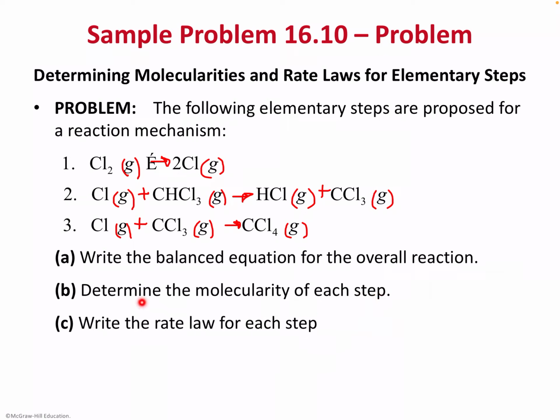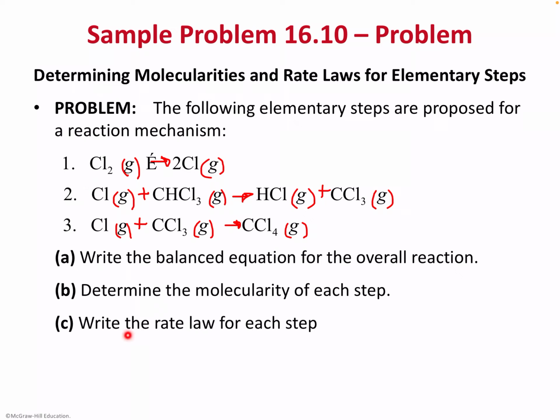Now let's look at the molecularity of each step. For the first one, 1 mole of Cl2 giving you 2 moles of Cl. What is the molecularity of this reaction? So this step is unimolecular, right?